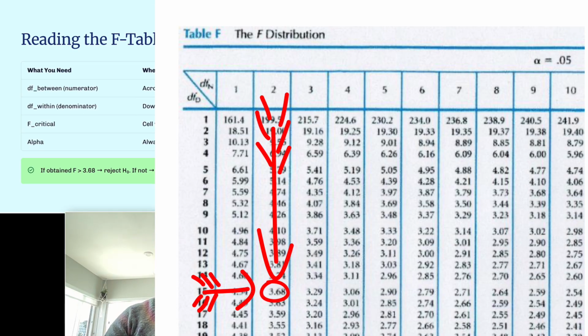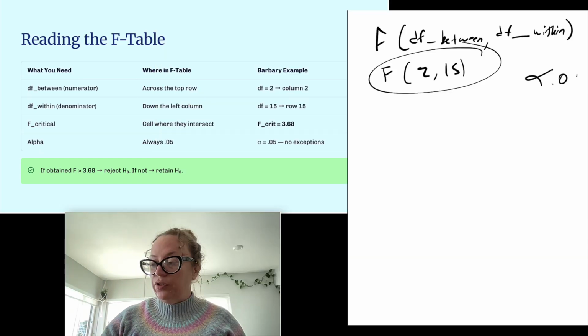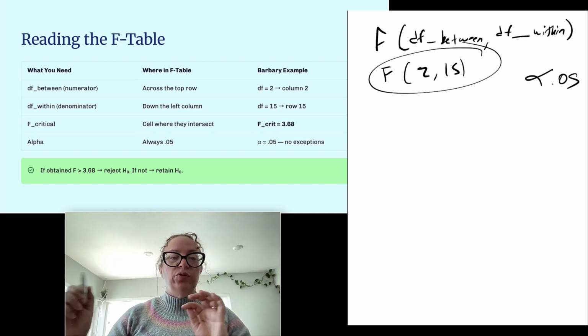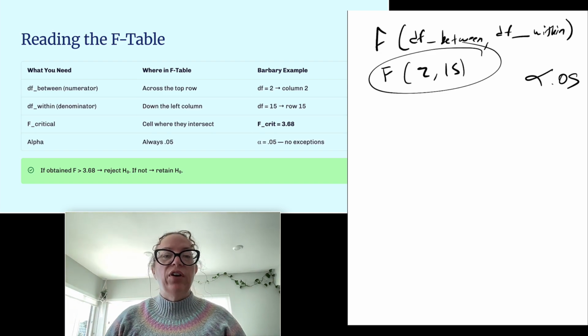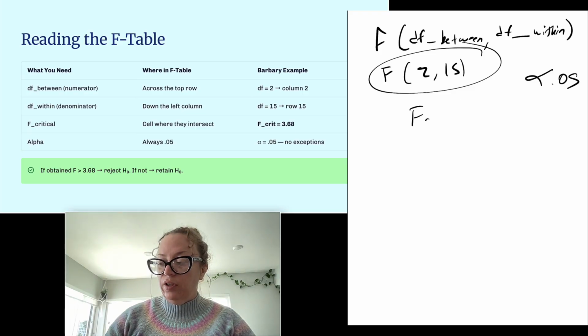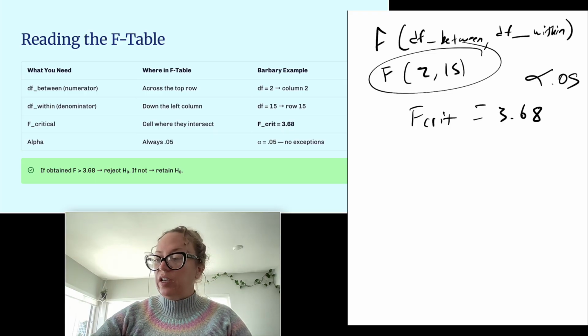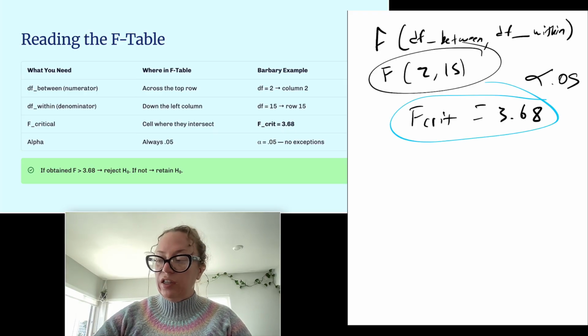And then again, remember, in this course specifically, alpha is always going to be 0.05, no exceptions, okay? Alpha 0.05. So for F of 2 and 15 at alpha 0.05, the critical value, F critical, is 3.68, okay? Always write that down, make a note of it somewhere, highlight it, whatever you need to do to keep track of it.